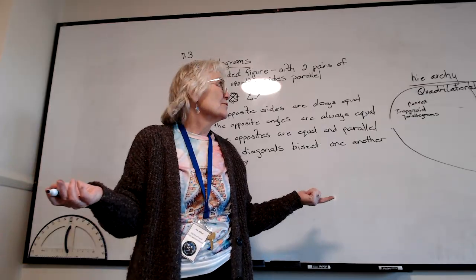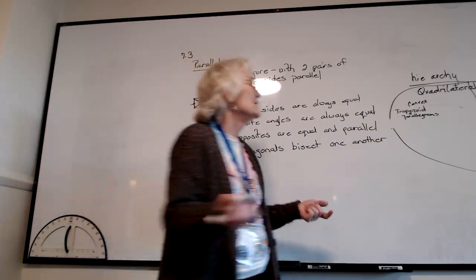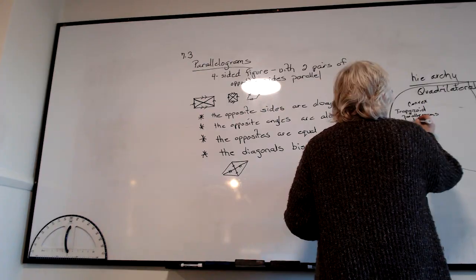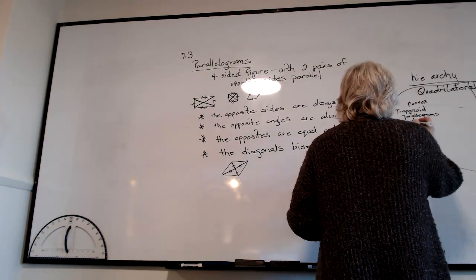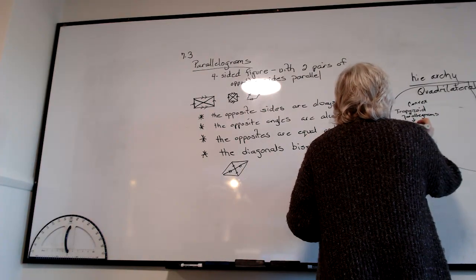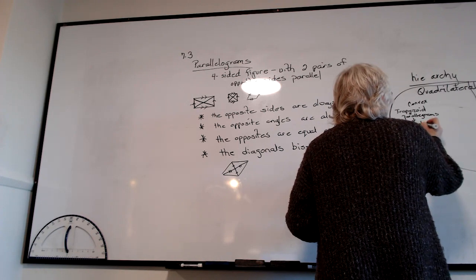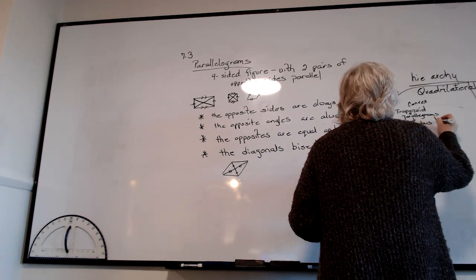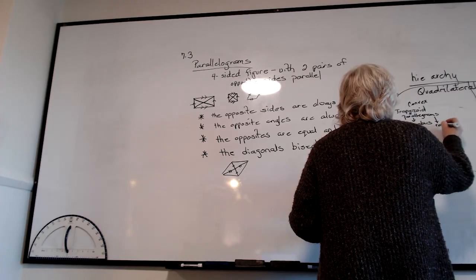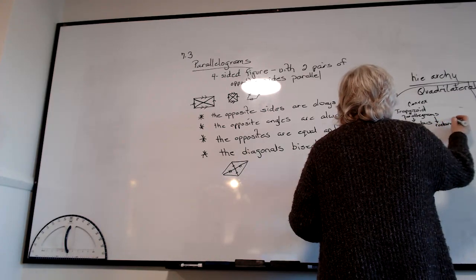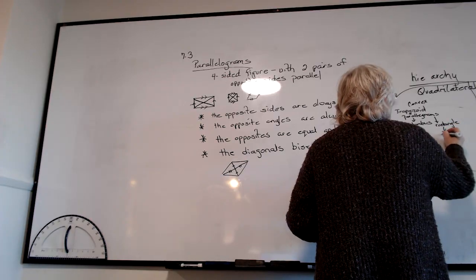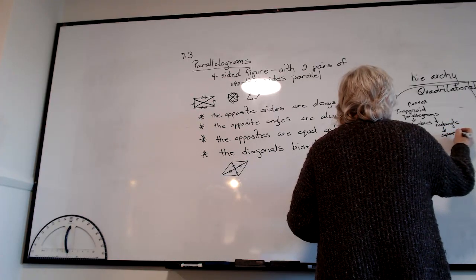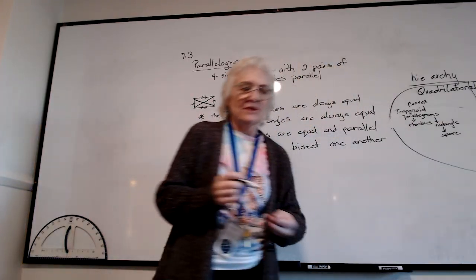Then we know that a rhombus is a type of parallelogram, along with a rectangle and a square. How is a rhombus and a square different?